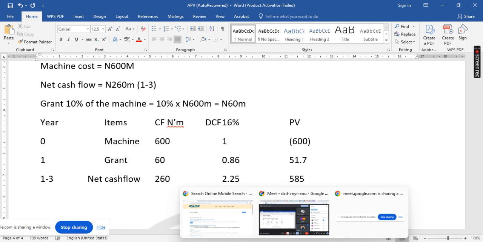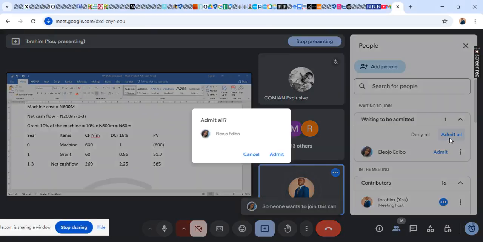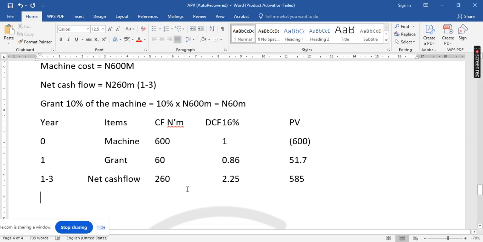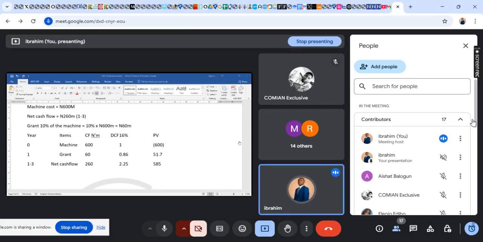So after that, class, don't forget, when you receive a net cash flow under capital budgeting, you pay tax. They say the net cash flow is throughout the lifespan of the machine. That is why we have to do it for 3 years. Now, when you have a net cash flow, of course, you will pay tax. And in this question, we were told that tax is being paid in arrears.